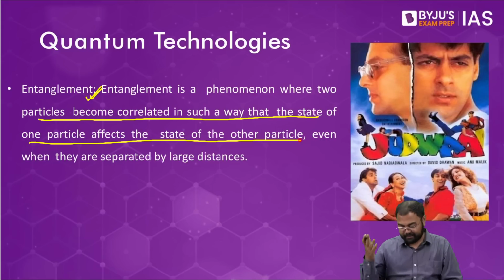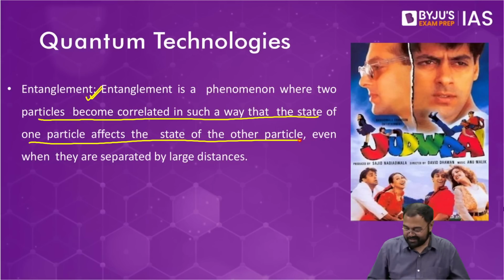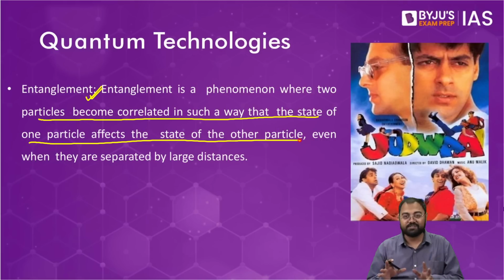Now, I don't know whether this film is also old for you or not, but there are films like this where we have twins, right? Twin brothers or twin sisters, where we see that twin brothers or twin sisters would be shown in films to be connected in some way.